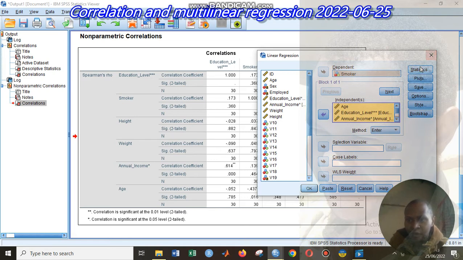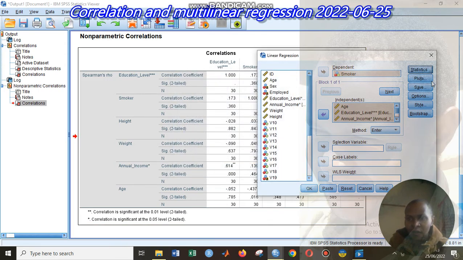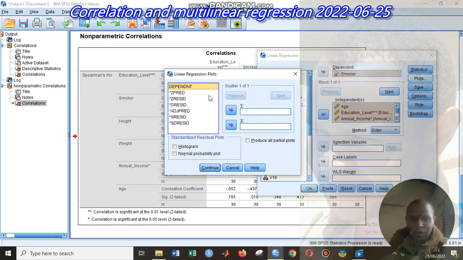Then we are going to check the confidence interval and model fit. Then we check the Durbin-Watson. Then we go to plots and send those there.